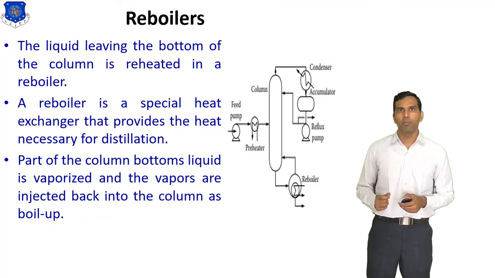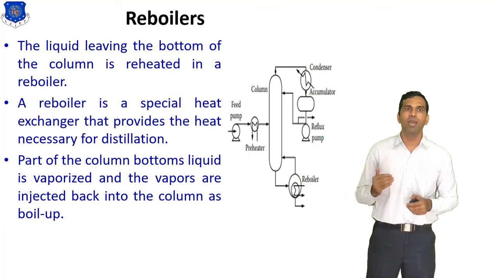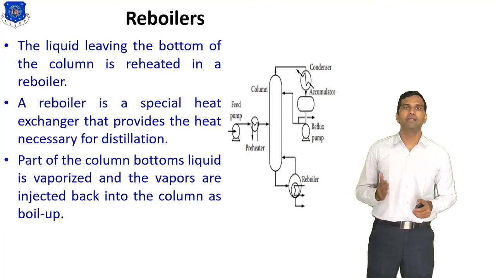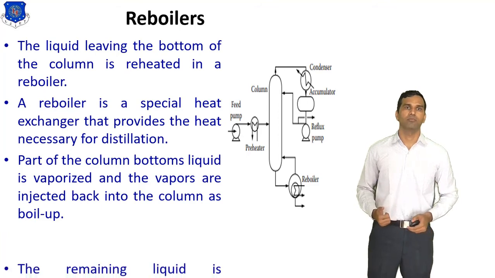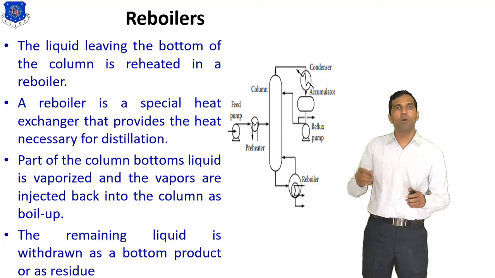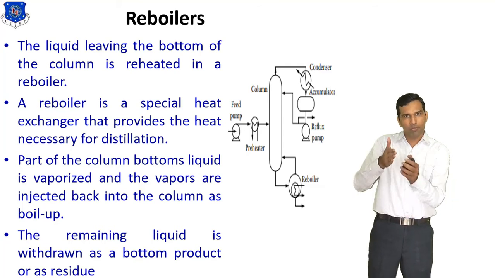Part of the column bottom liquid is vaporized and the vapor is injected back into the column as boil-up. The remaining liquid is withdrawn as the bottom product, known as the residue. So this is the bottom product process.